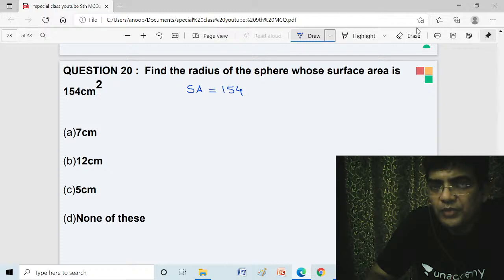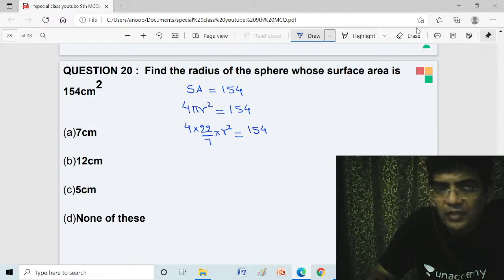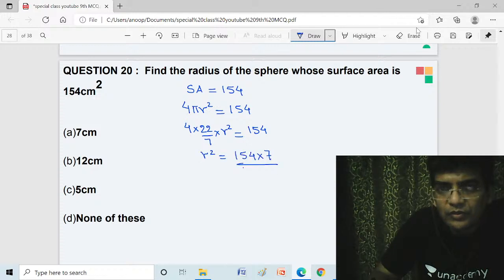Now let me substitute the values here. So pi is 22 by 7 into r square is equal to 154. Now we need to calculate radius. So r square is equal to 154 into 7 upon 4 into 22.